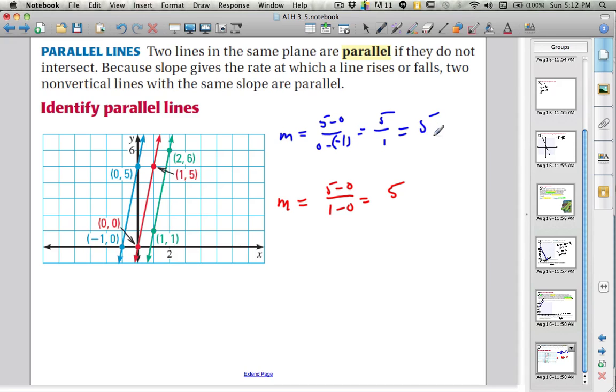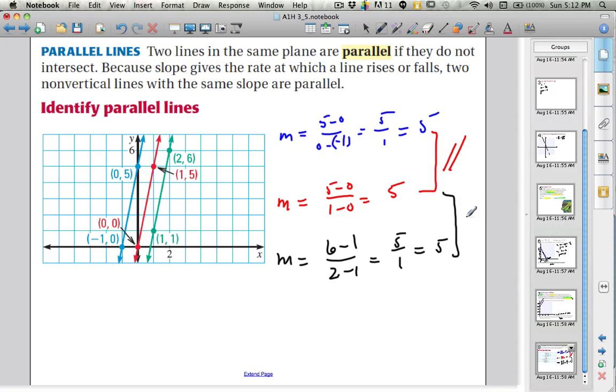Okay, so I know that these lines are parallel. But let's go ahead and take a look at the green line. I'll have 6 minus 1 over 2 minus 1. And this one is also 5 over 1, so it's also 5. So these are all parallel lines.